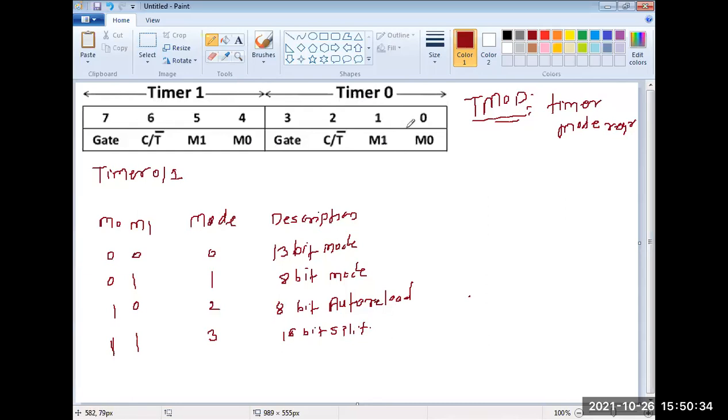Based on this value, it operates in 4 modes: 00 is mode 0, 01 first mode, 10 second mode, 11 third mode, with different timer sizes. Mode 0 is 13-bit, mode 1 is 16-bit, mode 2 is 8-bit auto reload. Most of the time we use this 8-bit auto reload mode. And the last is the 16-bit split mode.